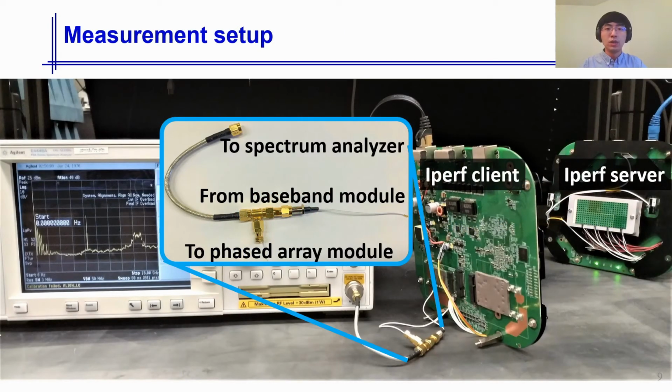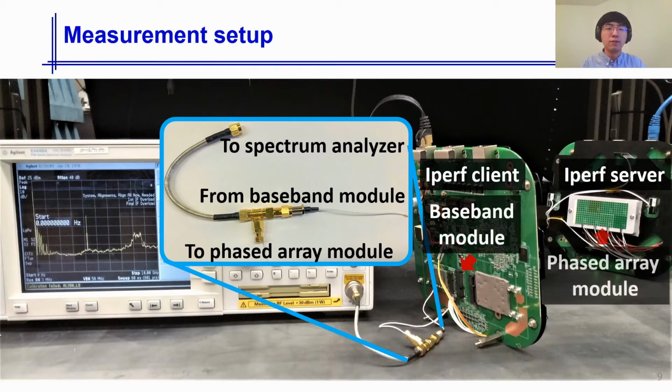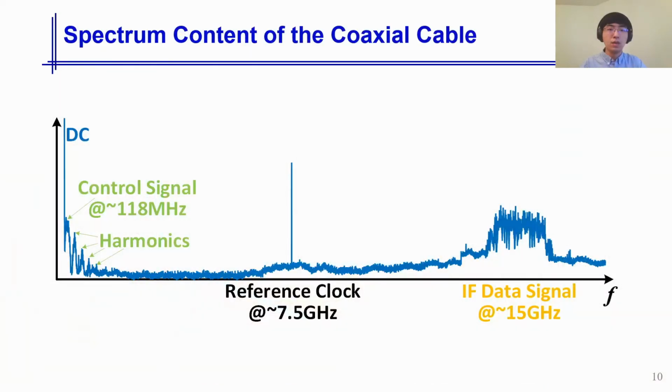To convert the commodity radio into an SDR, we need to first reverse engineer the architecture of the commodity mmWave devices. This figure shows our reverse engineering setup, which aims to measure the signal between the baseband module and the phased array module. Let's zoom into the details of the spectrum. We found that there are mainly 4 signal components going through the cable.